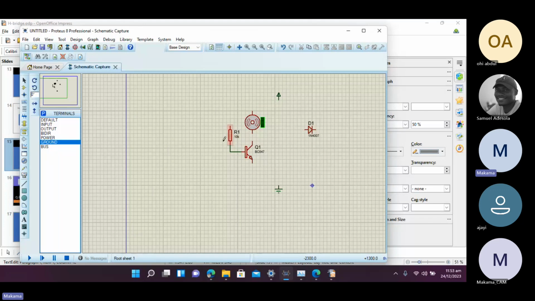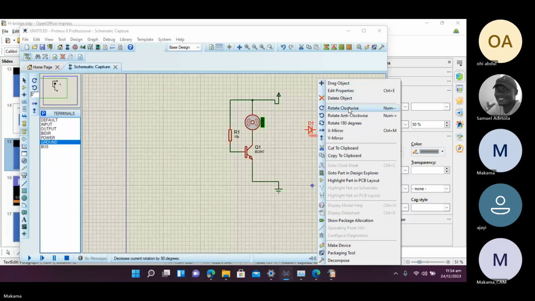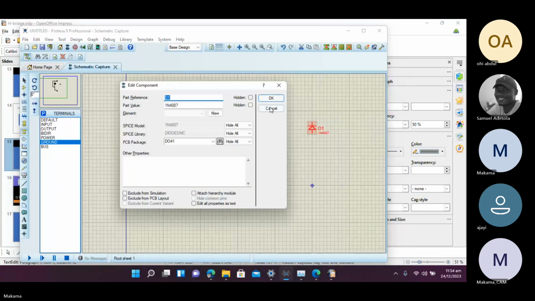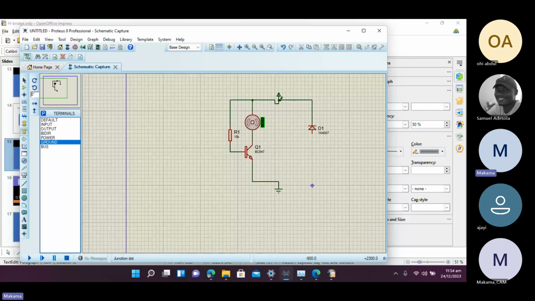This is your base resistor, RB. It's going to be connected to the power. Then your motor is going to be connected to the power as well, then to the collector of your transistor. Your emitter will go straight to ground. Then your diode is to be connected to the power as well, in parallel to your motor.